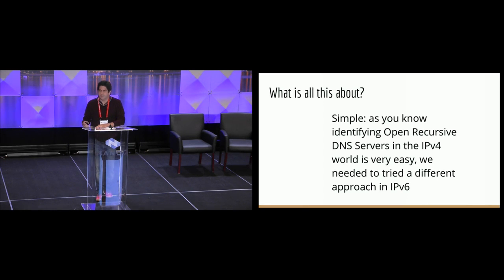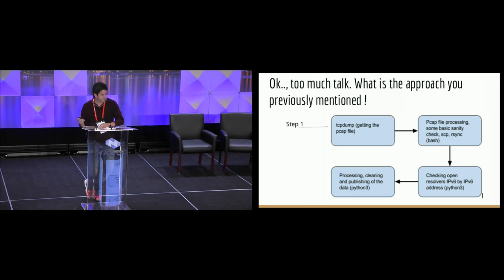As all of you know, identifying DNS open resolvers in the IPv4 world is quite easy because the IPv4 address space is not that big. In IPv6, it is more difficult, and we needed to take a different path. So, what did we do? Basically, with a very specific tcpdump command, we're creating a pcap file on a root server.